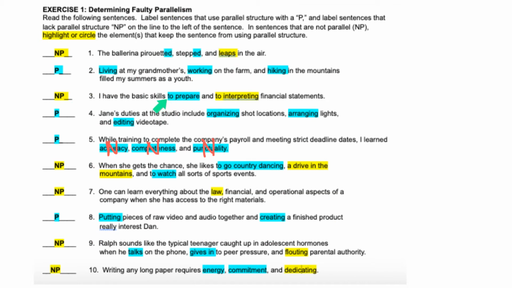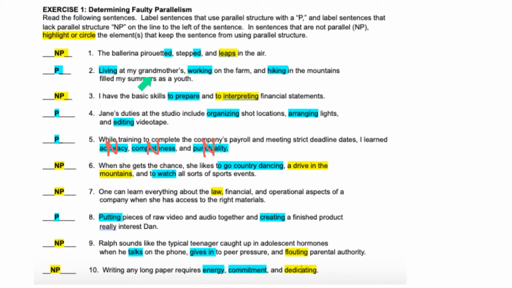Here the second infinitive would not be to interpreting. We can see how that's not a present tense verb here, and it doesn't share the same grammatical structure as to prepare. If it were to be parallel, we'd have to have it say to prepare and to interpret.